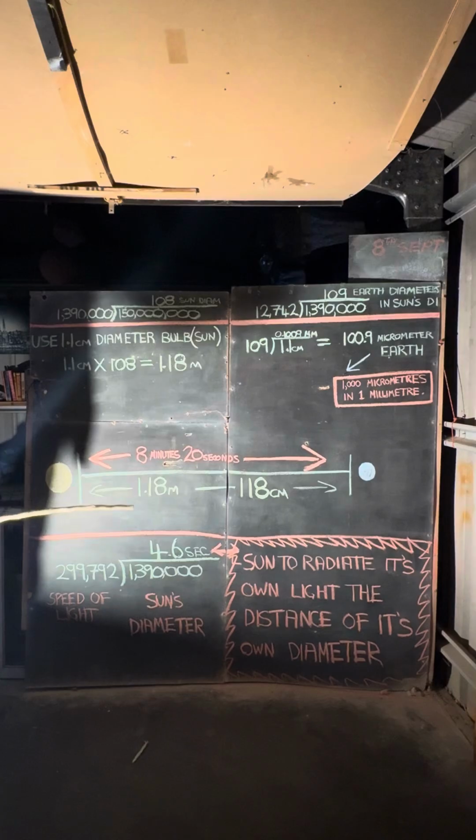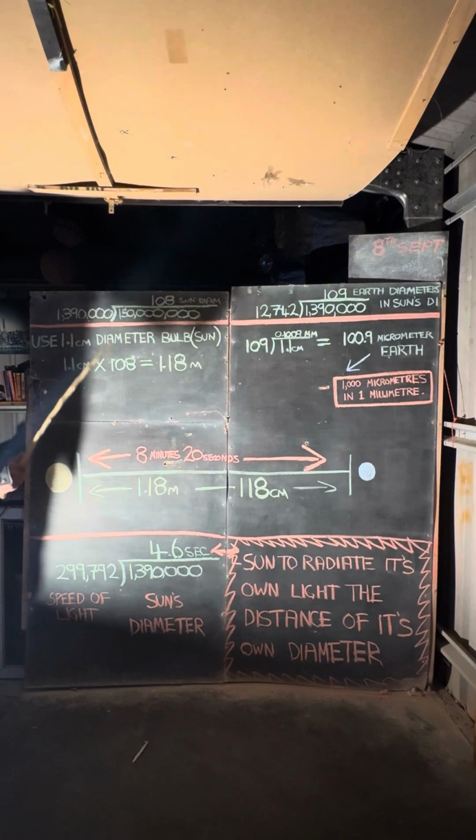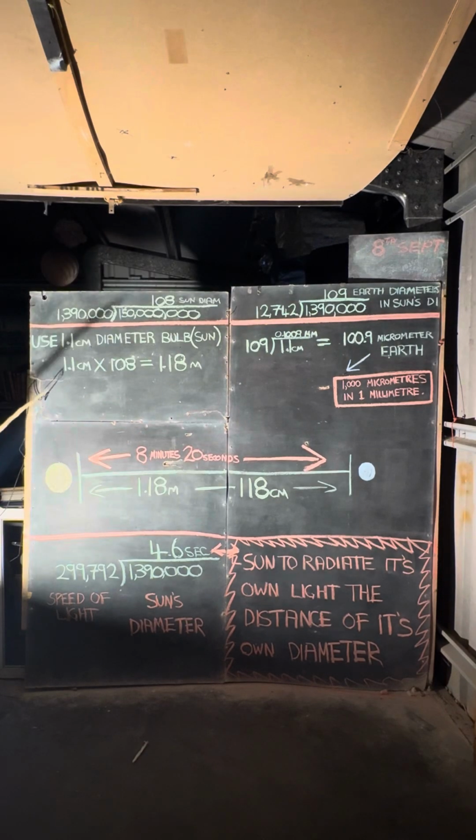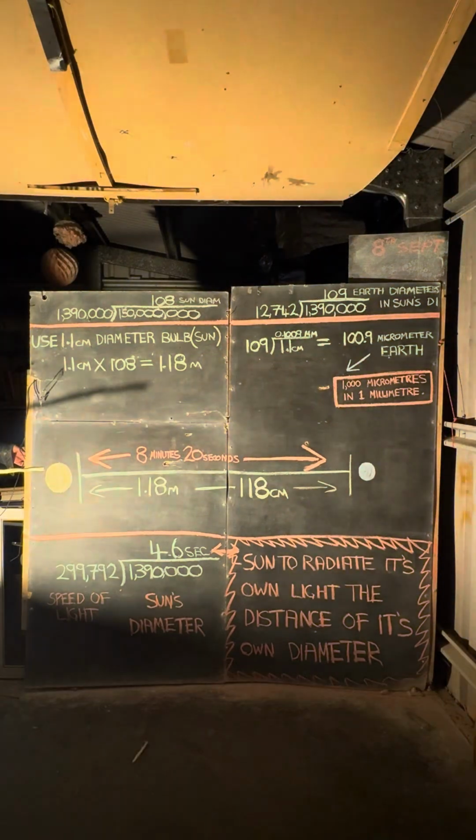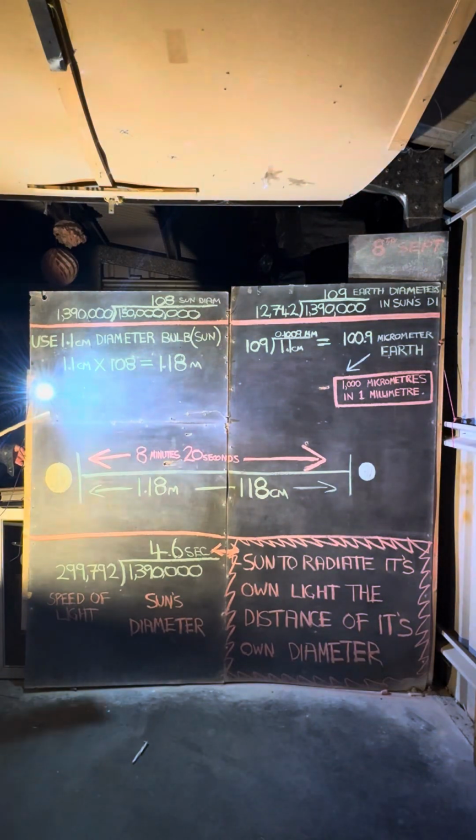So what they are saying up there, this is not happening. I'm saying this is what happens. Bang. Sun turns on. Bang. Whoosh, whoosh. There's no 8 minutes and 20 seconds. There's no 4.6 seconds per diameter.